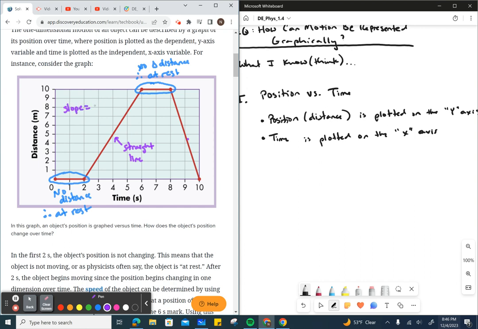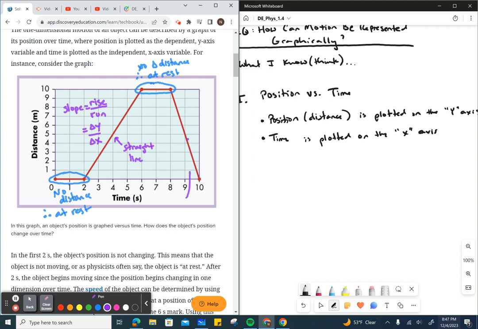Remember that the slope is your change in y, your rise, over your run, which is like saying the change in y over the change in x. You could say that's y final minus y initial over x final minus x initial, right?